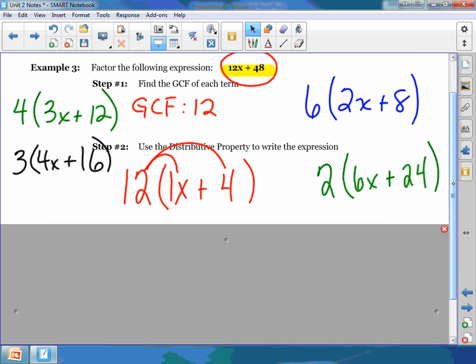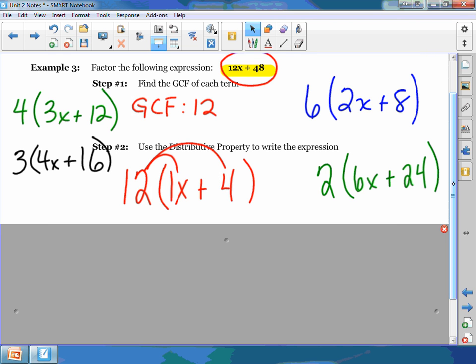Yeah, you divide it by the factor that you've taken out, right? So if I try it here, 12 divided by 4 is 3, so it's 3x. 48 divided by 4 is 12. 12 divided by 3 is 4. 48 divided by 3 is 16. That's how we get these terms. You're dividing it into this many equal groups.